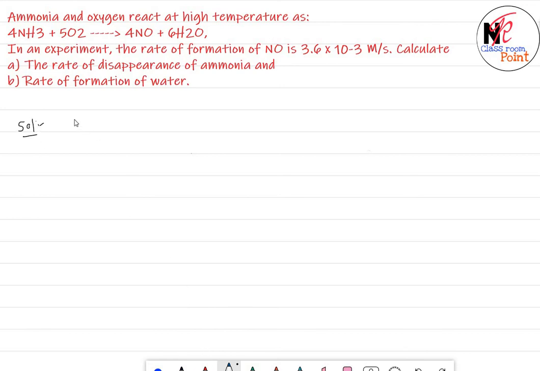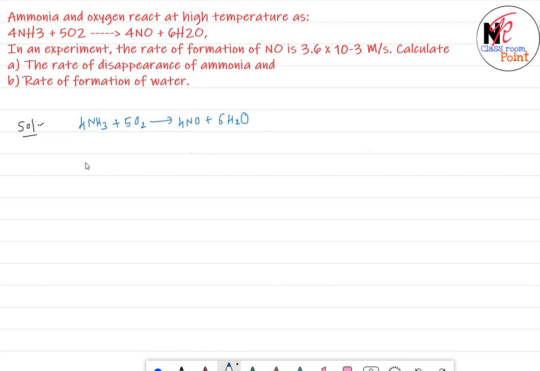Let's write down the given equation once again: 4 moles of ammonia react with 5 moles of oxygen to give 4 moles of nitric oxide NO and 6 moles of water. Now they are asking the rate of disappearance of ammonia.